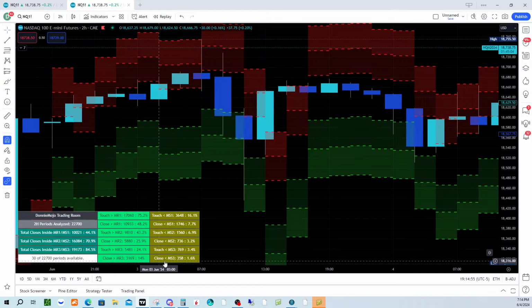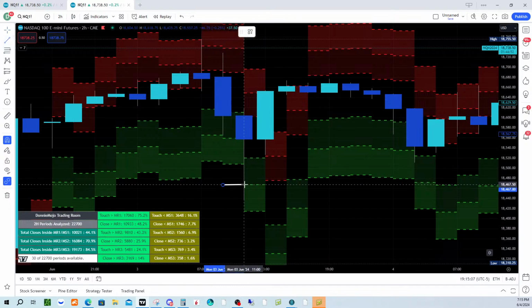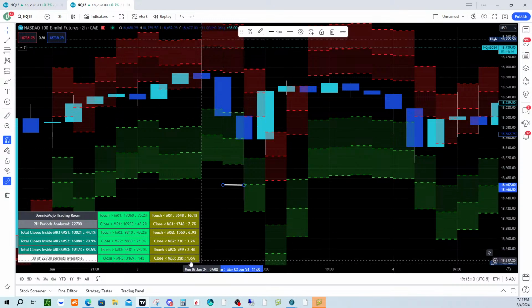Within this 2-hour time frame right here, let me see if I can draw a trend line, it only closed below there 1.6% of the time over 4,500 hours. That's a lot of data.